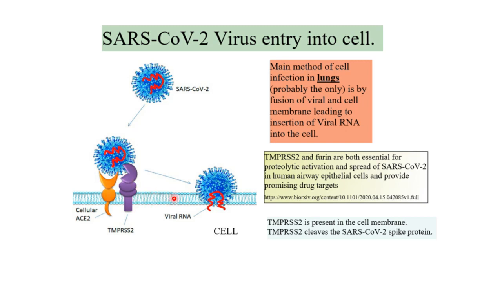Further events follow, which leads to the fusion of the viral membrane and the cellular membrane. An opening is created to allow the viral RNA to enter into the cell. Main method of cell infection in lungs, and probably the only one, is by fusion of viral and cell membrane, leading to insertion of viral RNA into the cell.